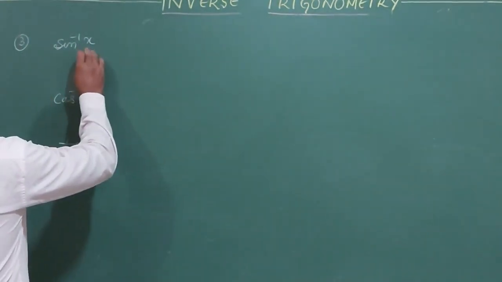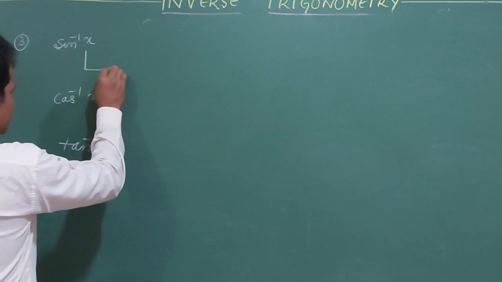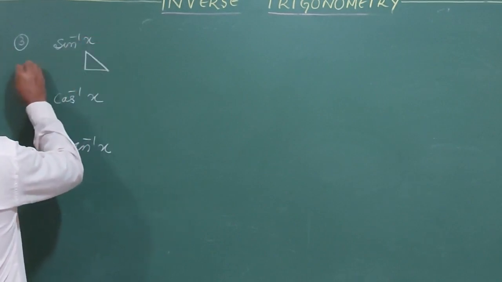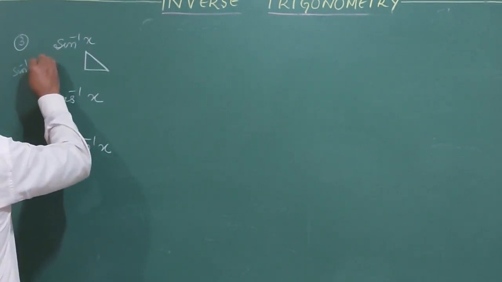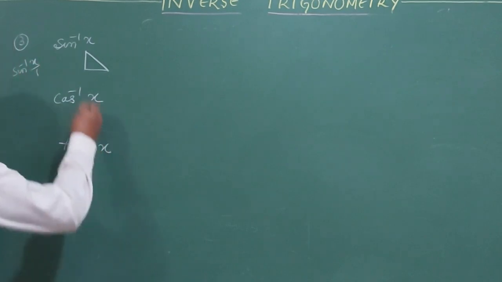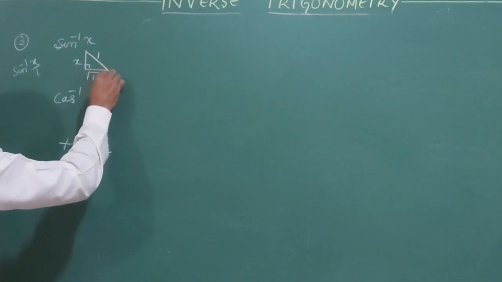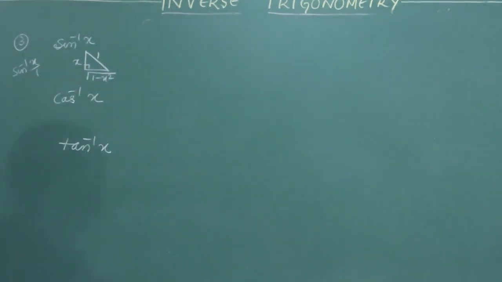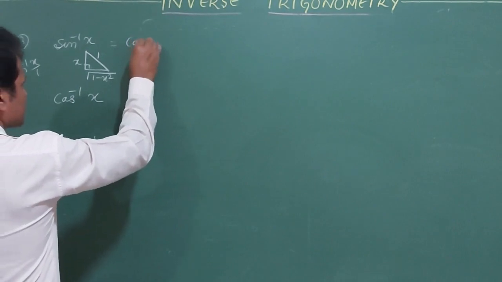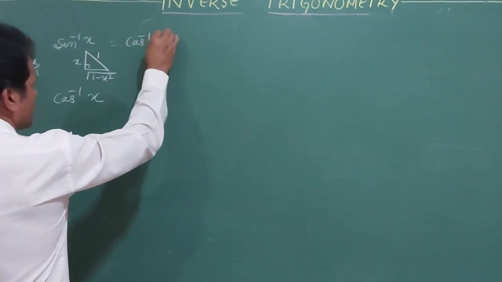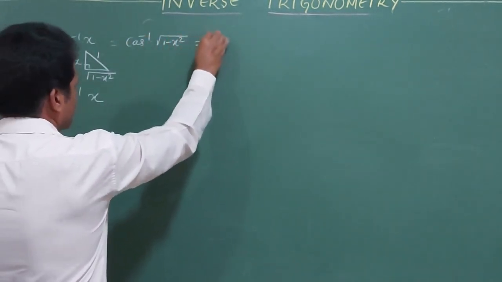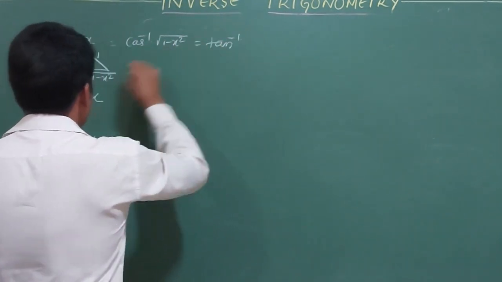Whenever I think about sin inverse x, think about a right angle triangle. Sin inverse x means x by 1. So this is x, this is 1, this is the base, the right angle triangle, and the base is root of 1 minus x square. That's simple now. Just like a class 9 or 10 child doing right angle triangle trigonometry. Cos inverse is base by hypotenuse, tan inverse is perpendicular by base.